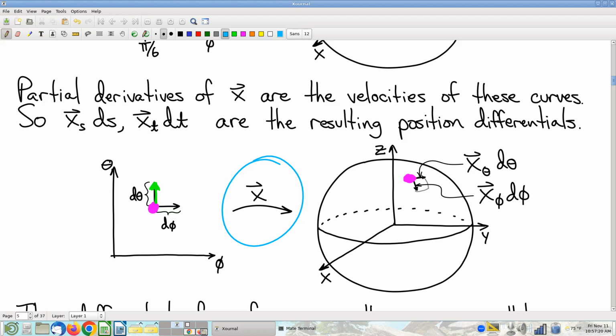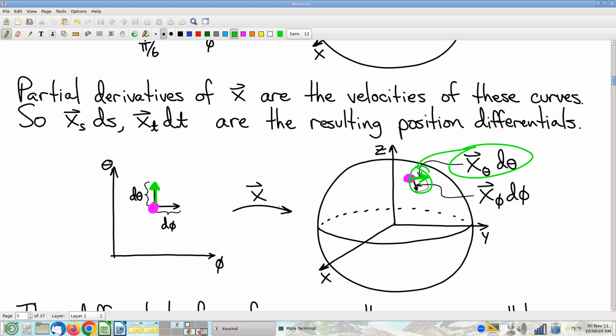Velocity is just a partial derivative of that parametric curve. And so I can compute the corresponding differential of position as velocity times the differential of the parameter. We've got a velocity telling you how fast you're moving in that direction per unit change of theta. I know what my change of theta is, and so multiplying tells me what the actual change in position is. So x theta d theta is that vector.